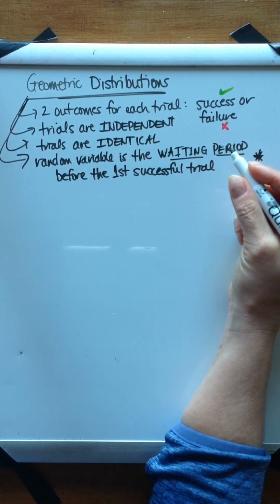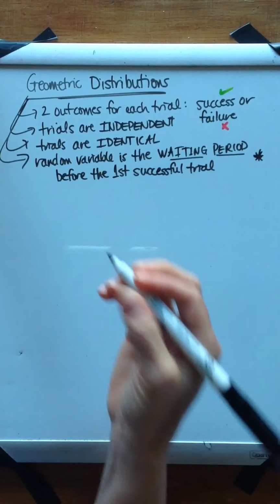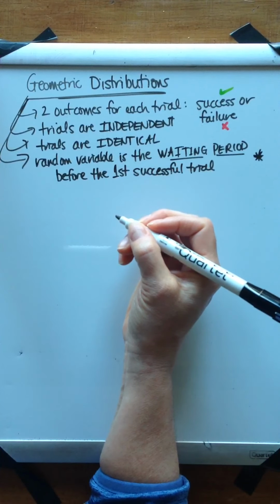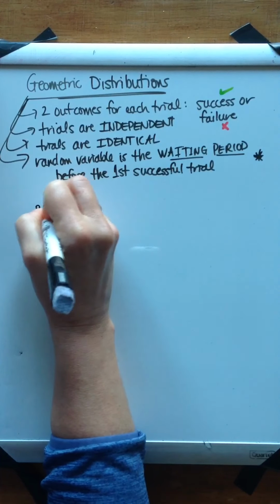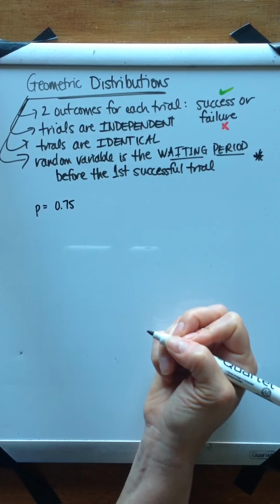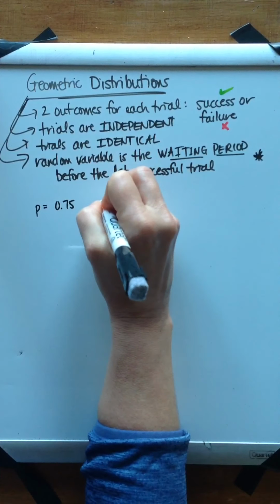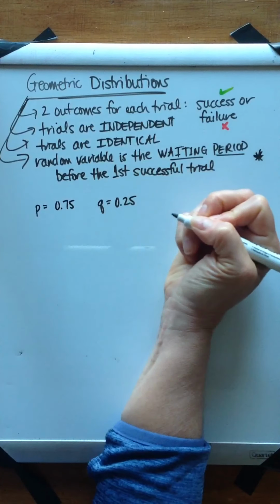So let's look at an example of someone who is a basketball free throw shooter. And let's make the assumption that their rate of success, which we will call P, is 75% or 0.75. And their failure rate, therefore, would be 1 minus P, which would be 25% or 0.25.